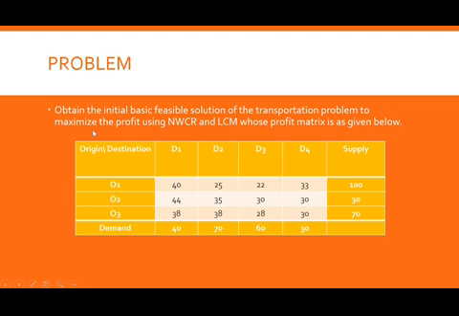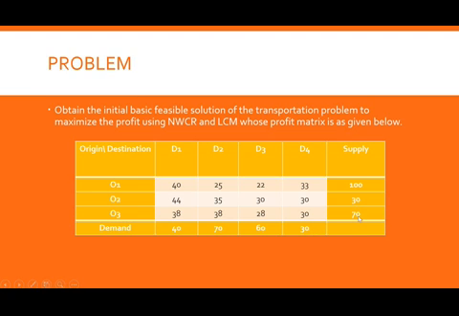So they have given a profit matrix here. The problem contains three origins, O1, O2, O3, and four destinations, D1, D2, D3, and D4. The supplies at the origin are 100, 30, and 70. The demands are 40, 70, 60, and 30.